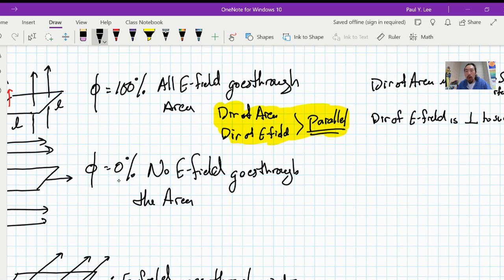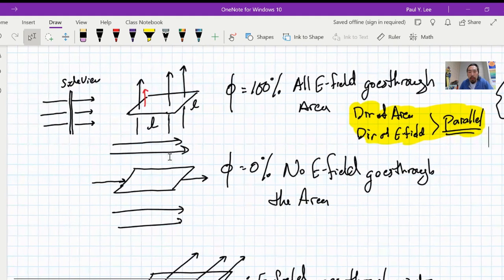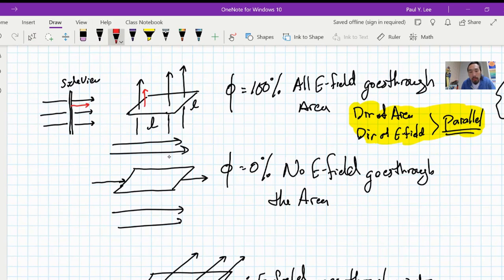You see how the two are equal? That's what makes them parallel. If we take a look at the side view of the window, the direction of the area is also perpendicular to the surface, like so, and we can see how the E field is parallel to that direction.